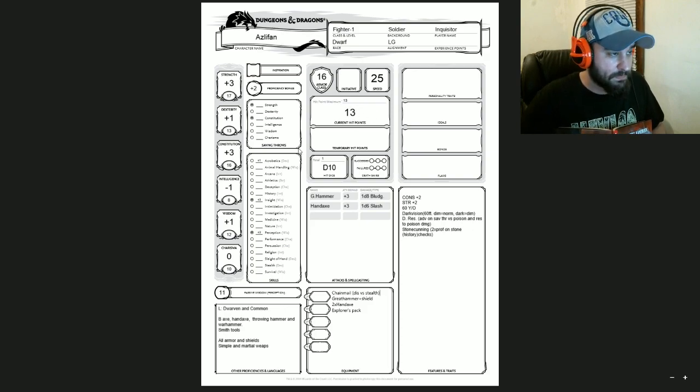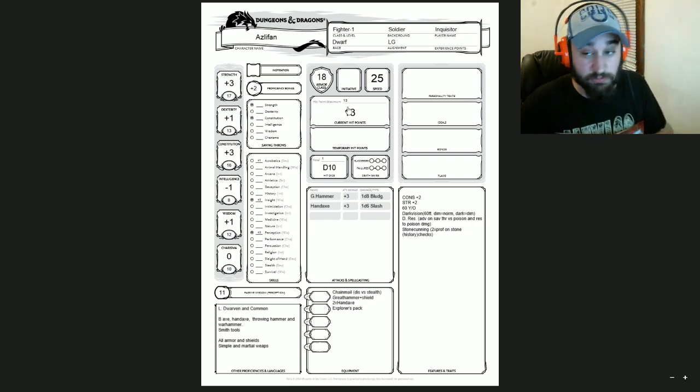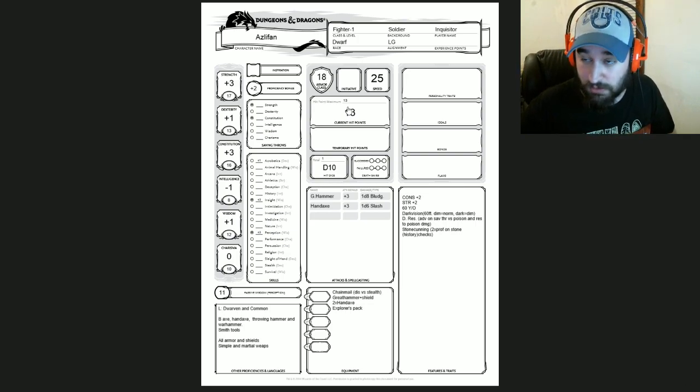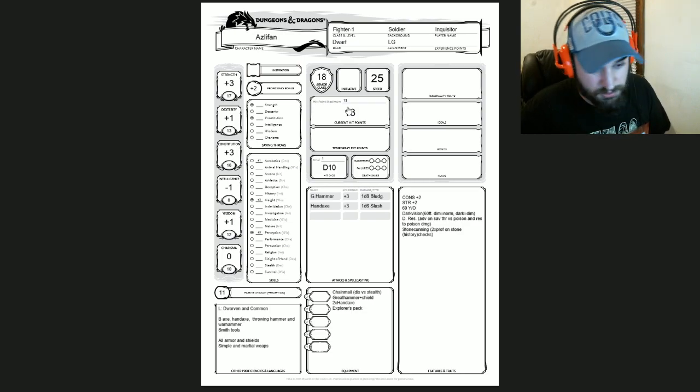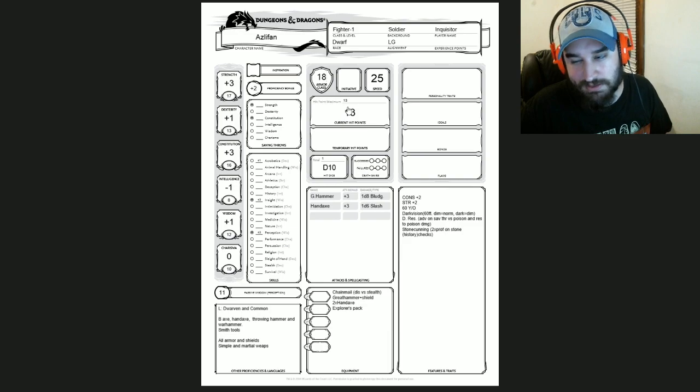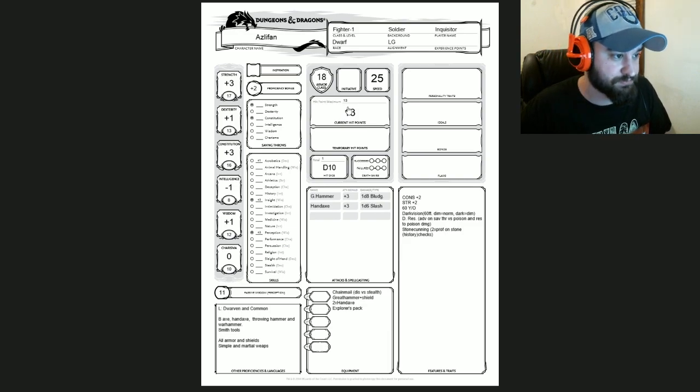And since we have a shield and we are wearing our shield, it's +2. So we go up to 18 armor class, which is pretty good for a level 1 character. It's pretty much the best that you can get. You can't go higher than that unless you have a special character that gets something special from its background and your DM said that it was okay.